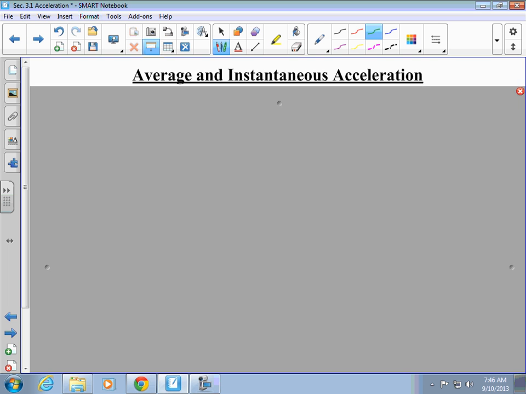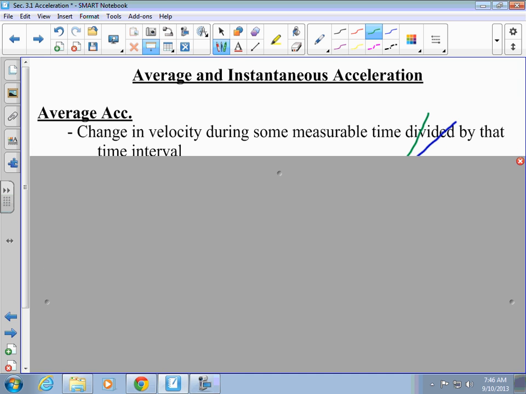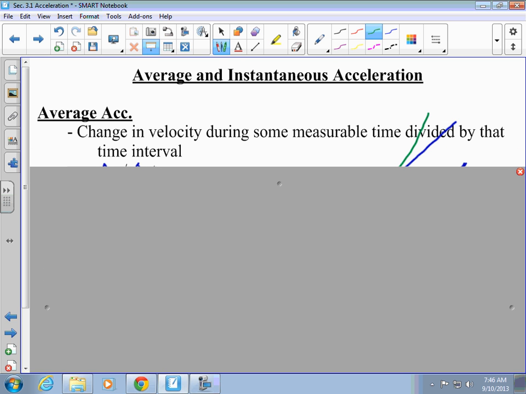Just like we had average velocity and instantaneous velocity, we can have the same for acceleration. Average acceleration is the change in velocity during some measurable time. If I pick one point on my graph, I'm trying to find the average acceleration, but the average acceleration would be over two points.